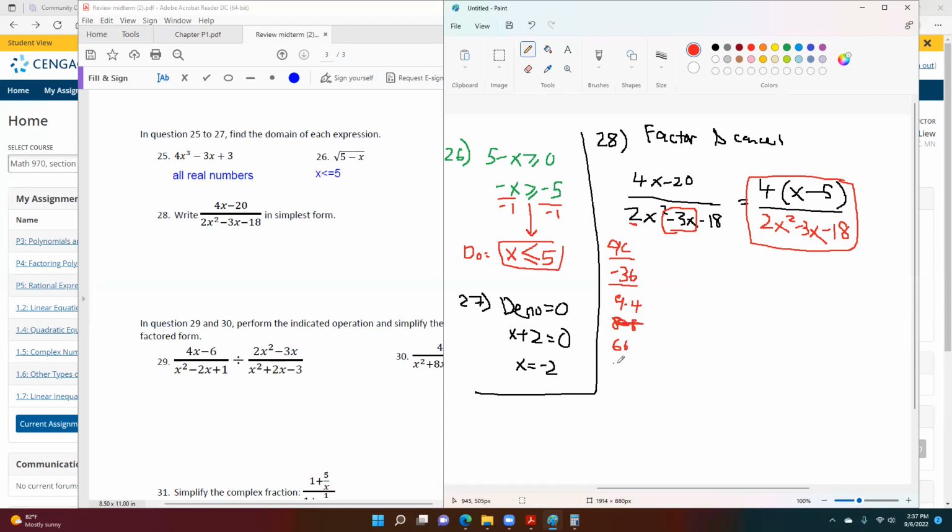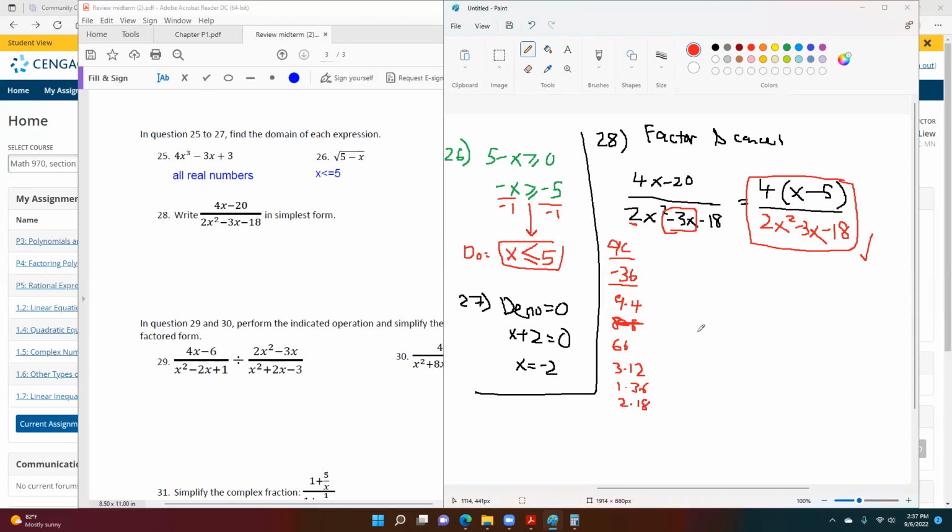What else is there? 3 and 12 is the next one. 18 and 2, 3 and 12, 6 and 6, 9 and 4, and 36 and 1. So none of these pairs works, because you will never get 3x. Maybe I made a mistake on this one when I did this review really late. So this is your answer in this case, unfortunately, because none of these pairs work.